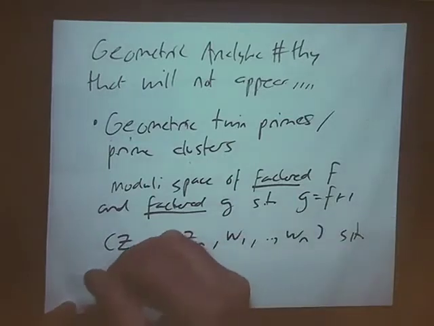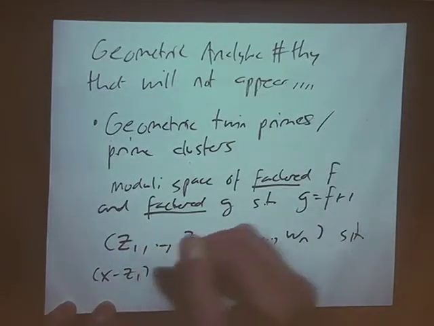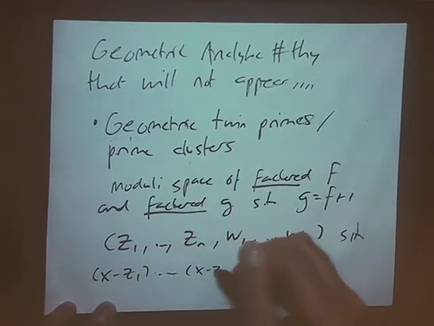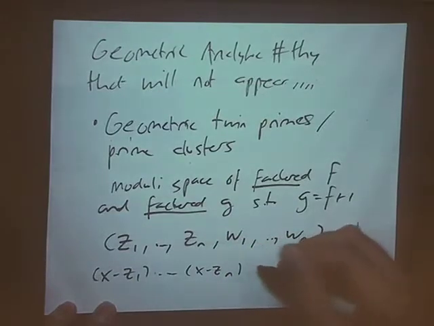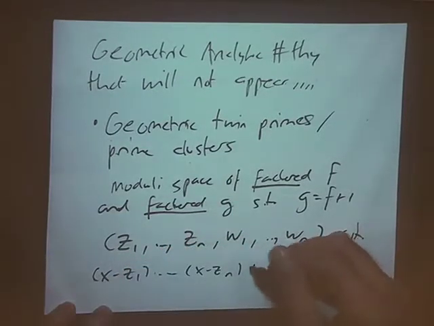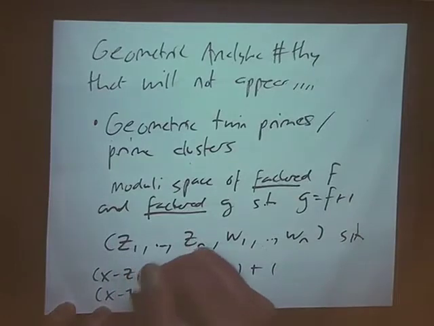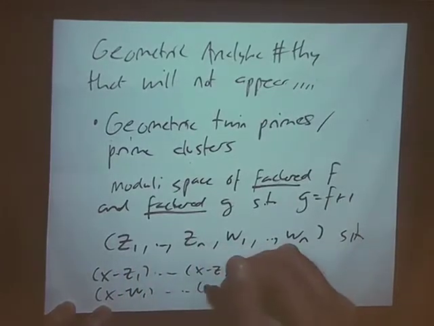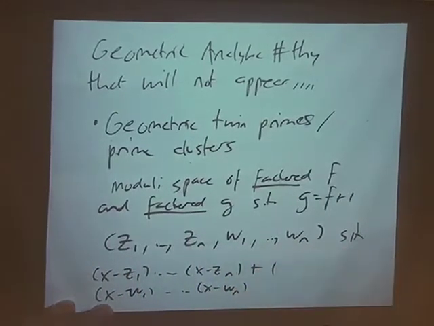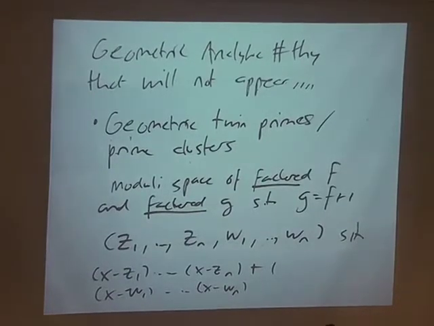such that if I look at the polynomial with roots z1 through zn, the product of x minus zi, then that differs by 1 from the polynomial with roots w1 through wn. So somehow this variety is not just a variety, it's a variety with an action of Sn cross Sn, right?